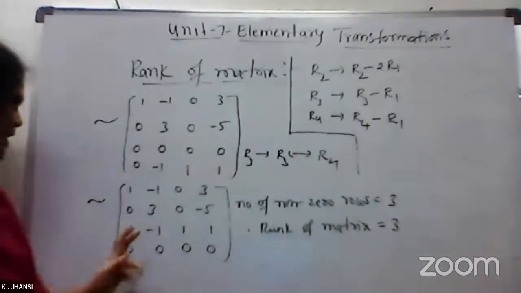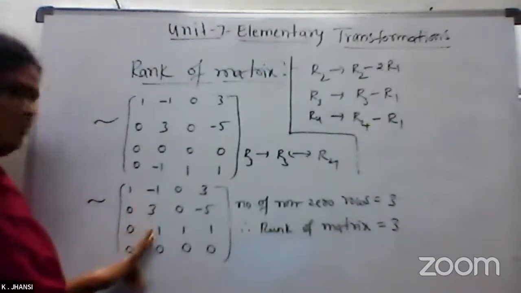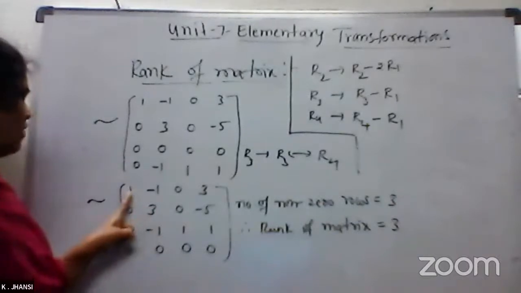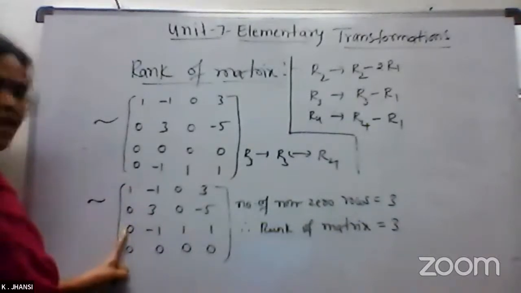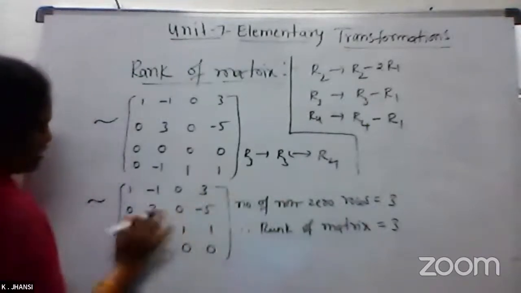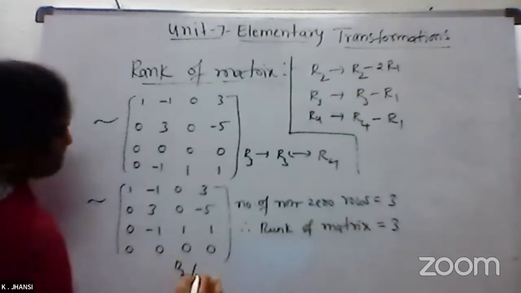So like this, what will happen means if you add these two, you may get 0 again here. But when you add with R1, you will get 1 again. So it will be a lengthy process. Either you can convert like this also. First you divide R2 by 3.